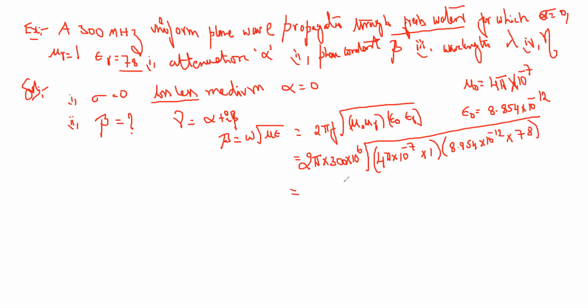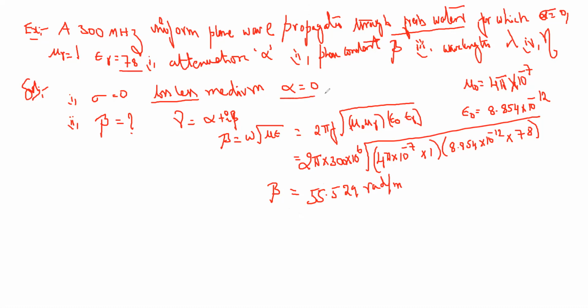You can simplify this function. We get beta is equal to, I'm writing the value directly, 55.529 radians per meter. So we got the beta.